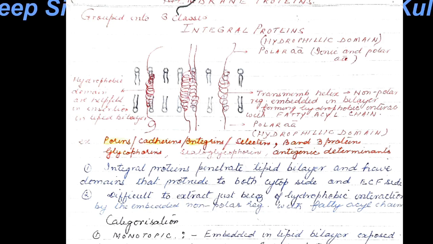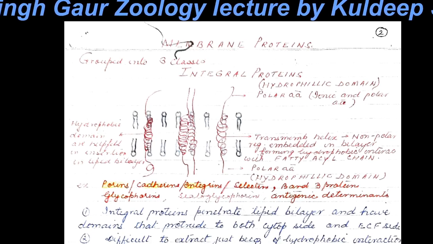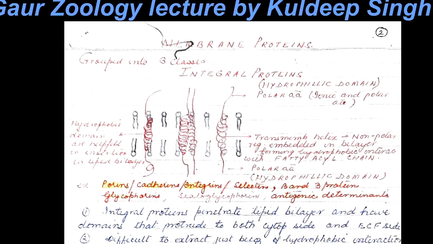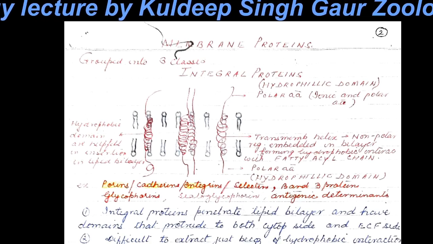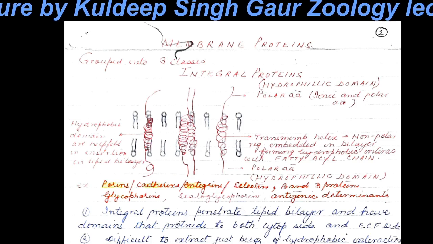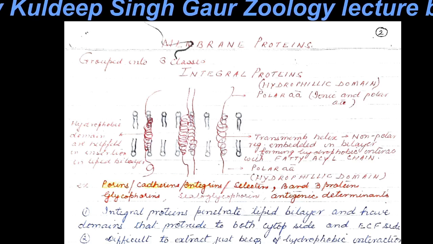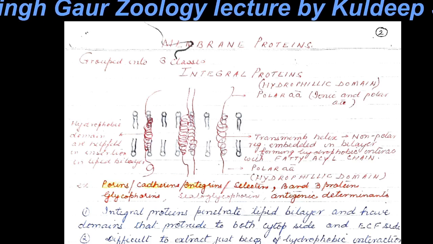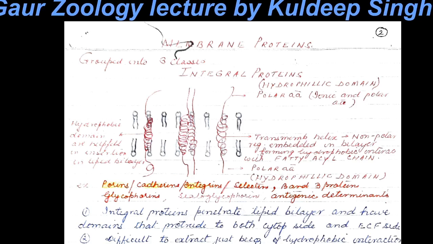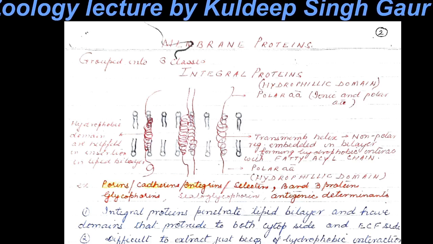Now we have to study in detail the proteins which are present in the plasma membrane. These proteins have been classed into two kinds: integral proteins and extrinsic proteins.